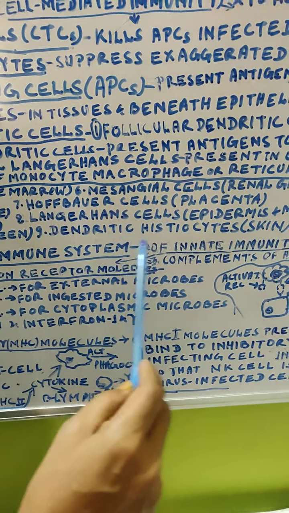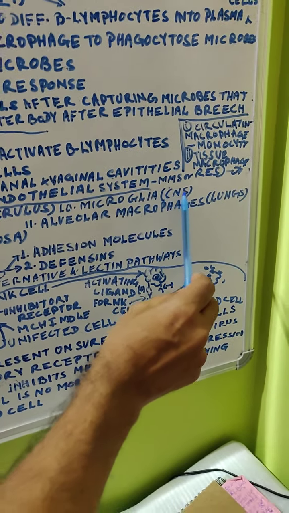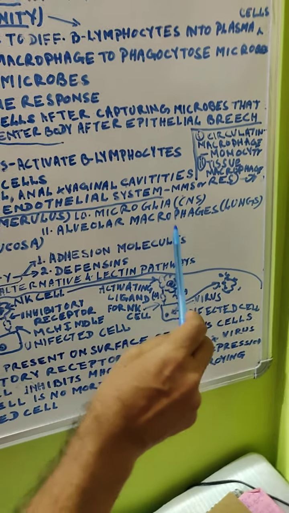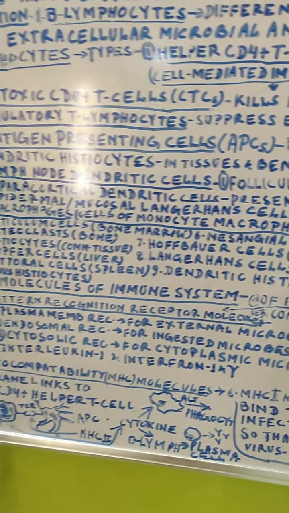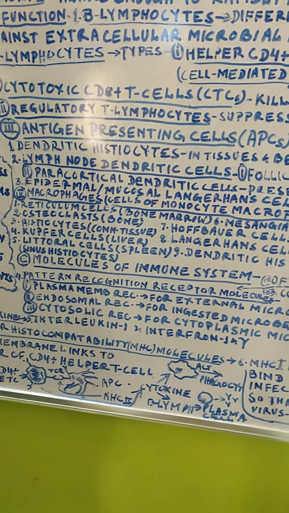The Langerhans cells, present in the epidermis and mucosa. Dendritic histiocytes, present in the skin, microglia in the CNS, and alveolar macrophages in the lungs. In that way you can see the macrophage is present all over the body in different systems.